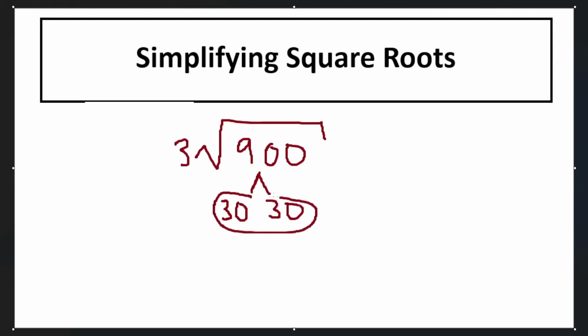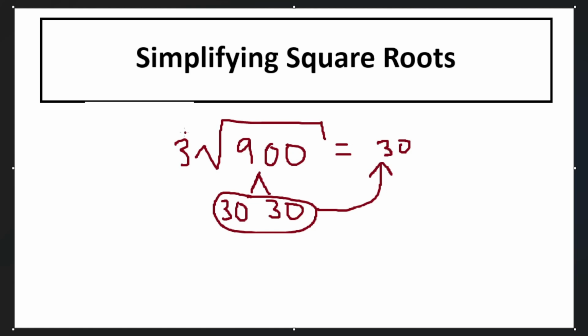And if you put 30 times 30 in your calculator, then you would get 900. So since it was a nice whole number, it would be 30.